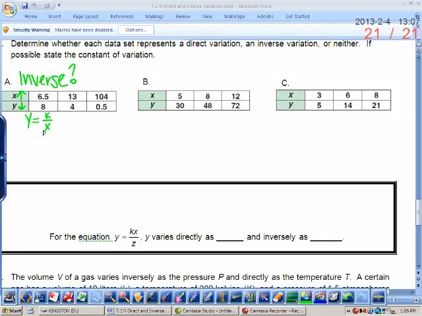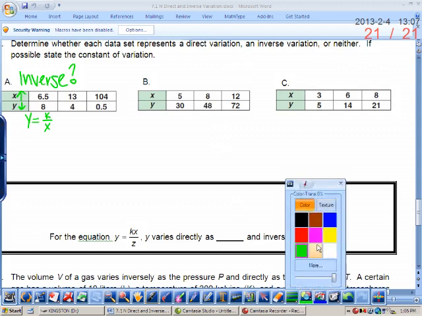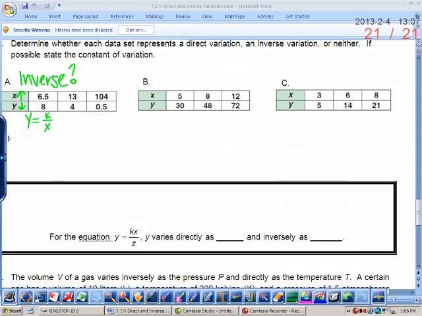So start with that point 6.5, comma 8. So 8 is my Y value, so I want to know 8 equals K over 6.5. Multiply by 6.5. What's 8 times 6.5? So K is 52. Okay?